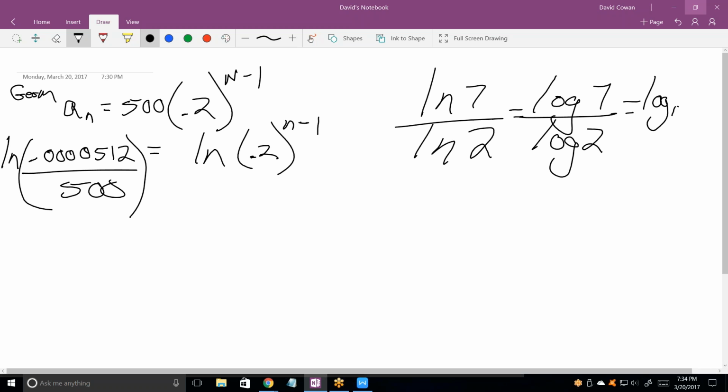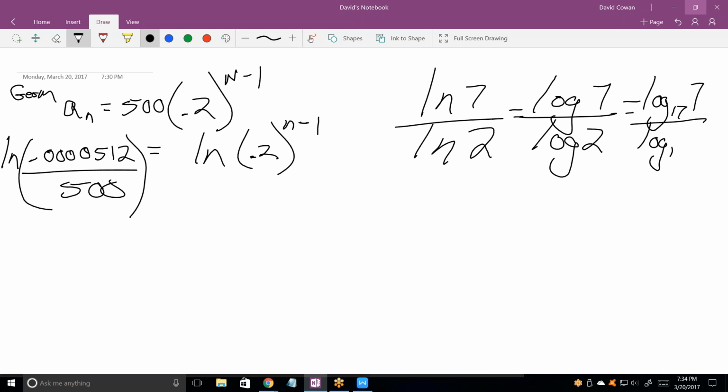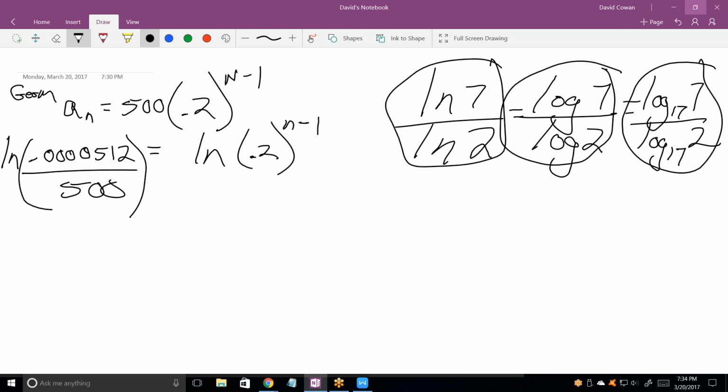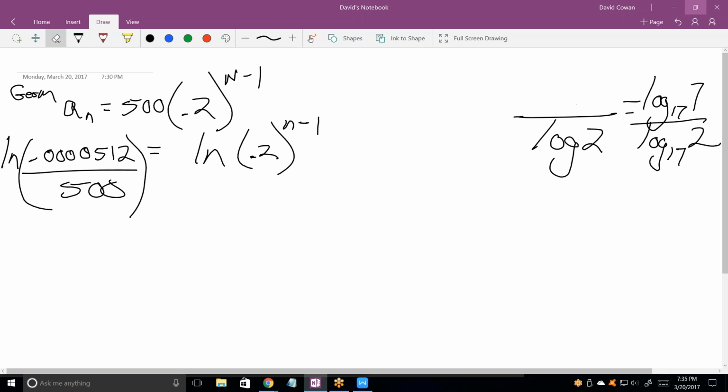I could say log base 17 of 7 divided by log base 17 of 2. In other words, that ratio is the same as that ratio is the same as that ratio. And because that's true, it's not going to matter what log we use.